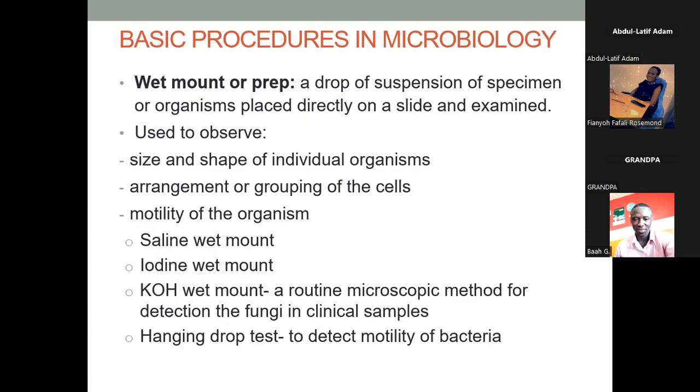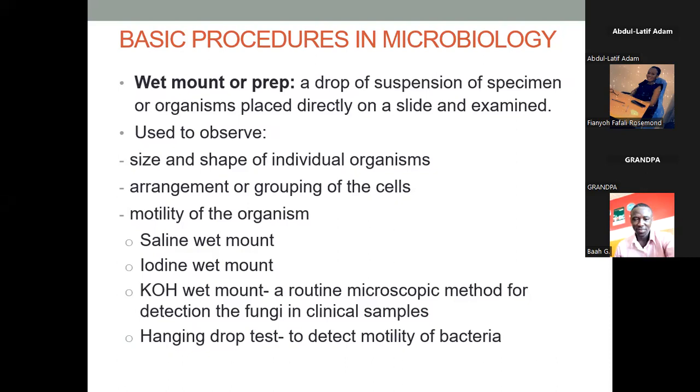That's why we call it wet, because it's mostly in a liquid form. Now, all you do is take a drop of the suspension of the specimen or the organism, place it on a slide, and then apply a cover slip, then examine. That's all that it is about a wet mount. And we do that all the time in microbiology.